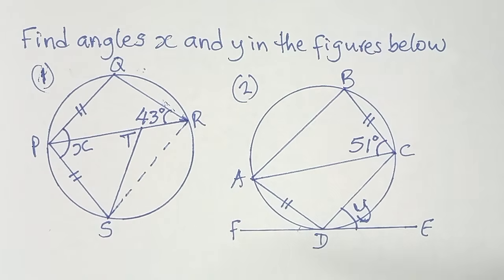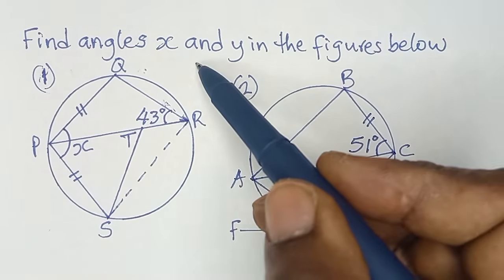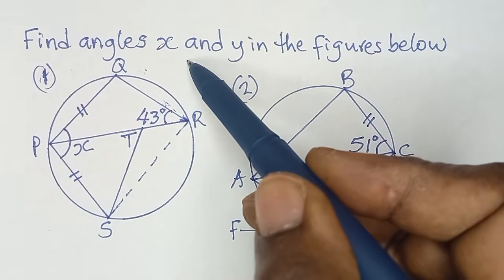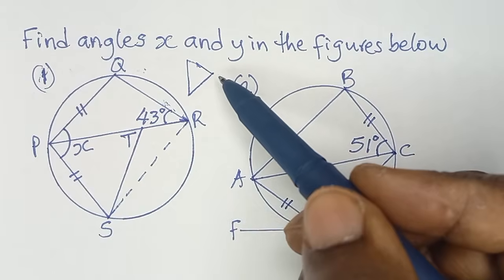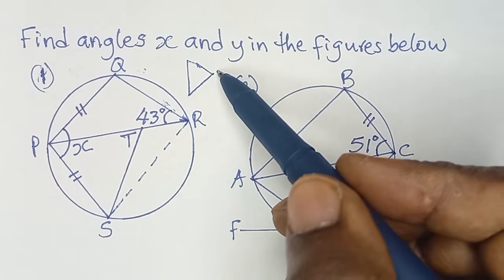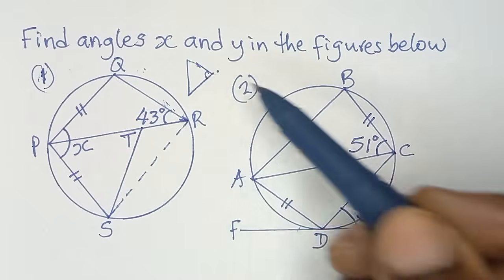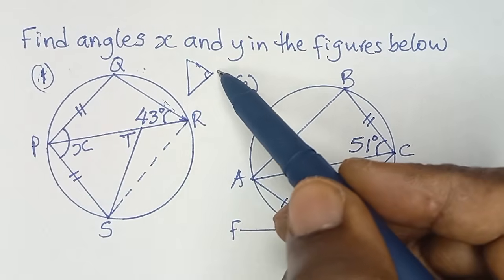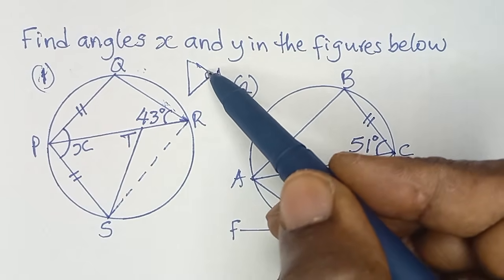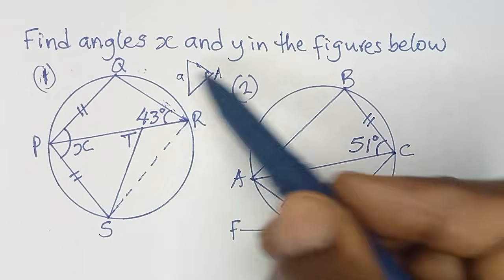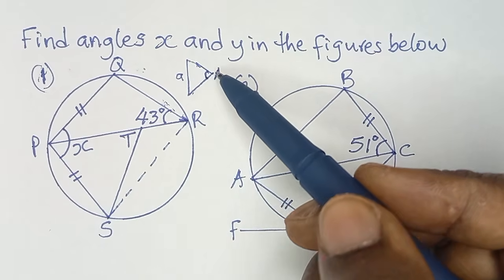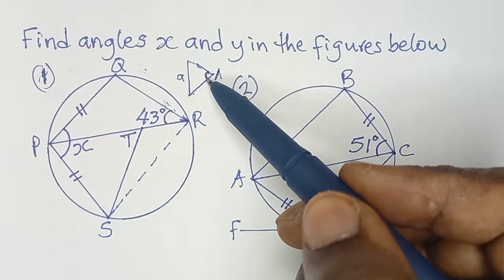Don't forget, anytime you have a triangle, you should always remember that this angle here, for example, has this side. So if this is angle A here, its opposite side is a. So it is this line that subtends this angle.